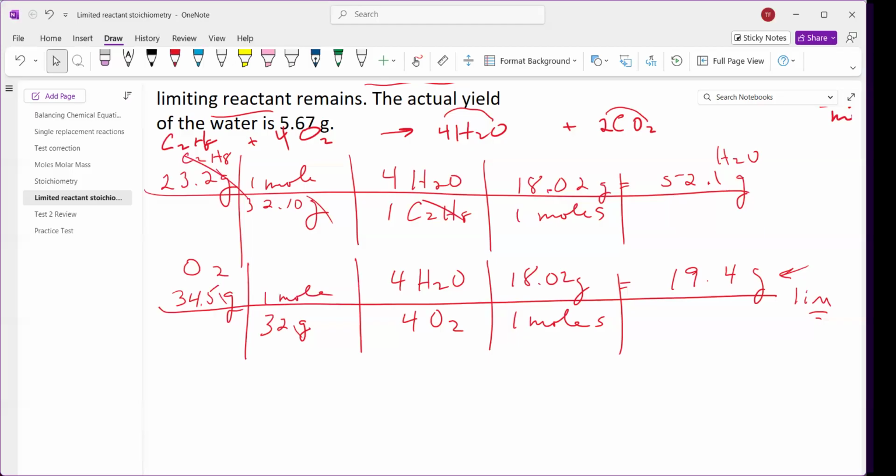Okay, so we found out via this, oxygen is the limiting reagent. So the oxygen is totally consumed.